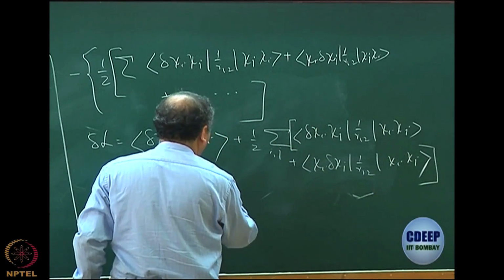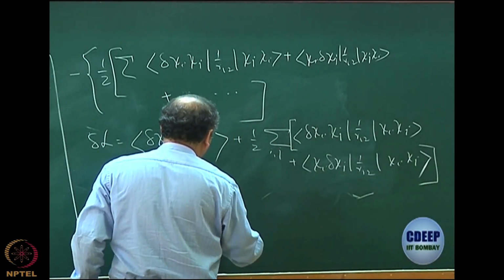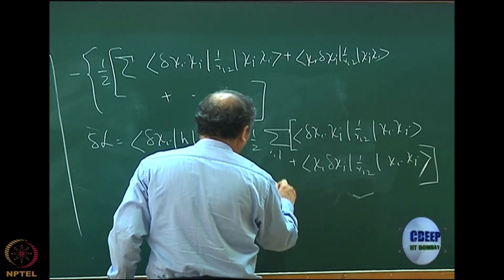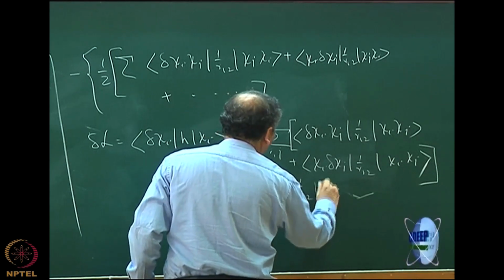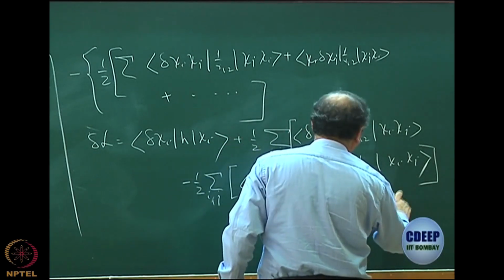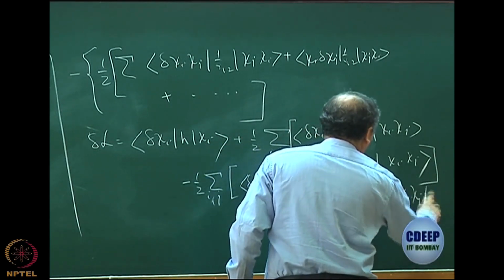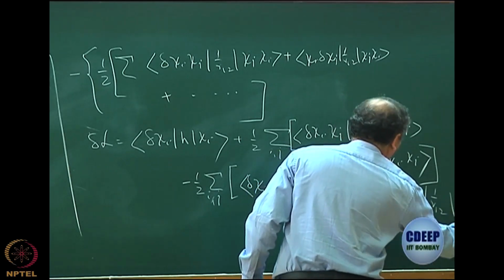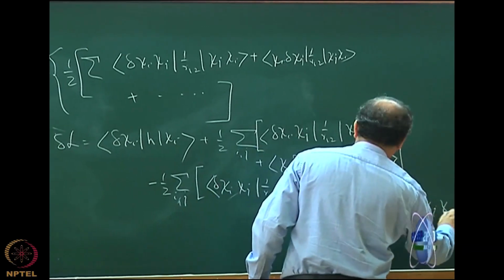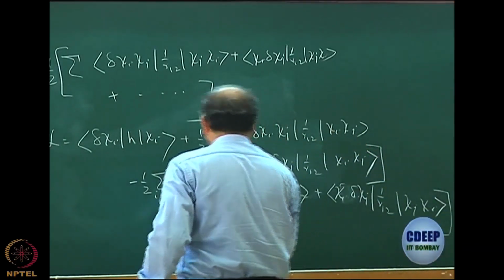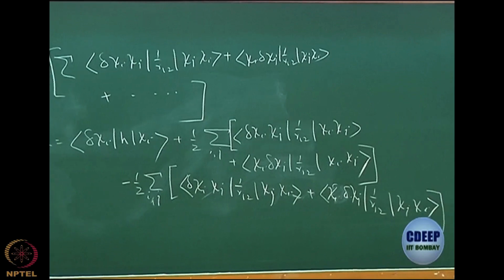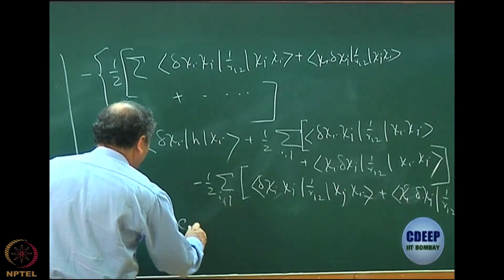minus half sum over ij, delta chi I chi j. So it is just writing it, don't worry, plus complex conjugate, plus the whole thing complex conjugate.